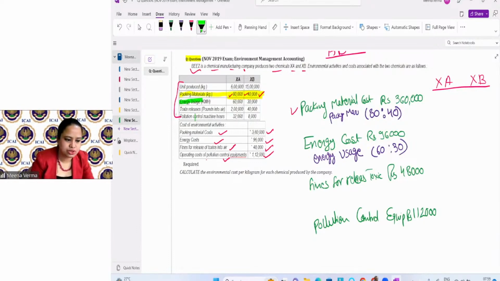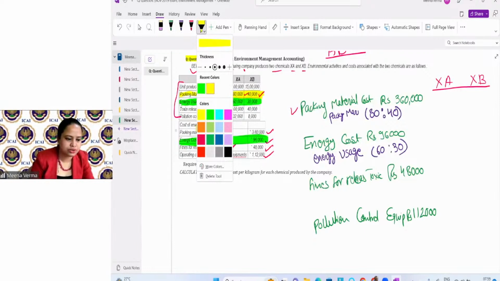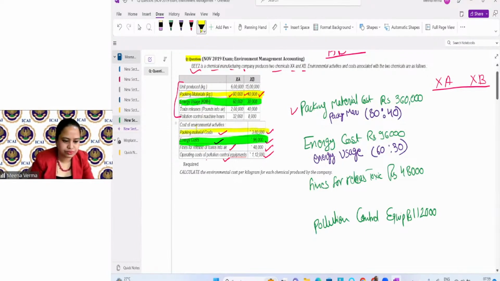So this ratio, we will use this cost driver for allocating this cost. And for this cost, we will use this cost driver.